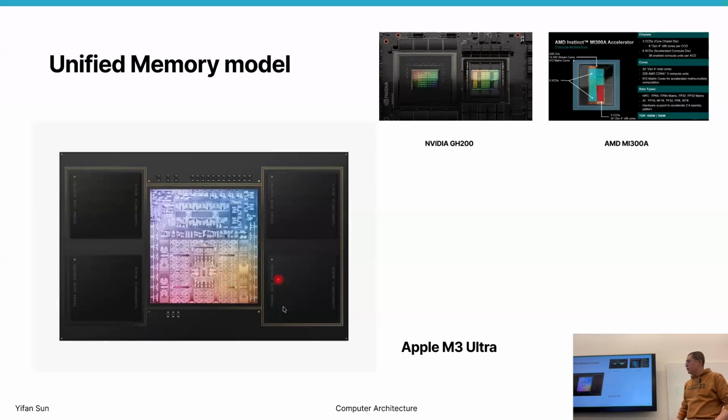Okay, so M3 Ultra is actually quite interesting. The largest one has 512 gigabytes of memory, which is much higher than the 80 gigabytes of H100, and the M3 Ultra on Mac Studio is about half the price of an H100. So it depends on what you want to do.